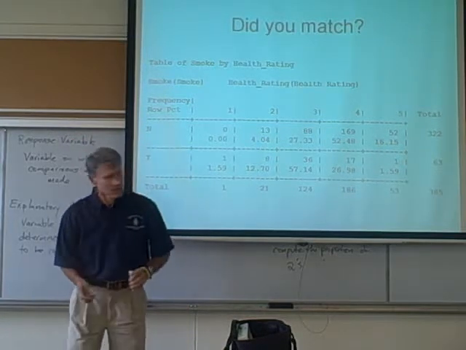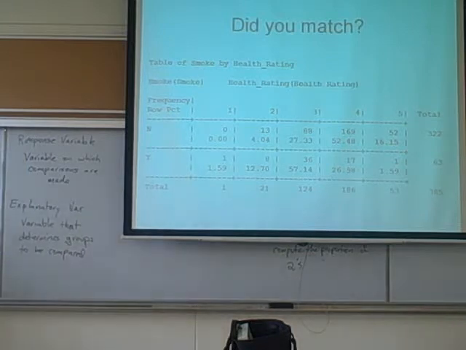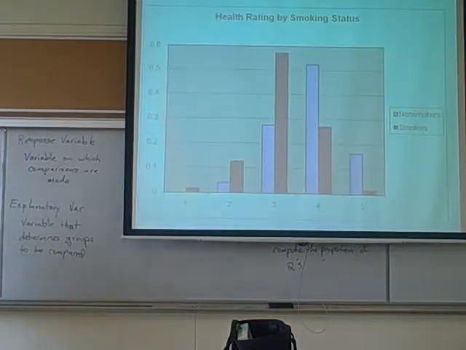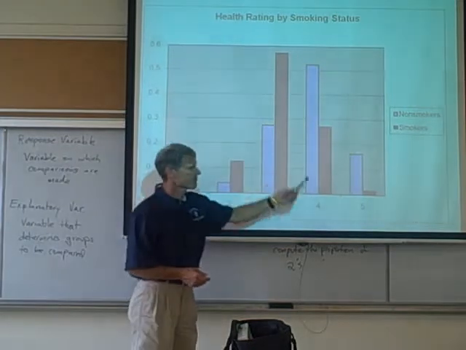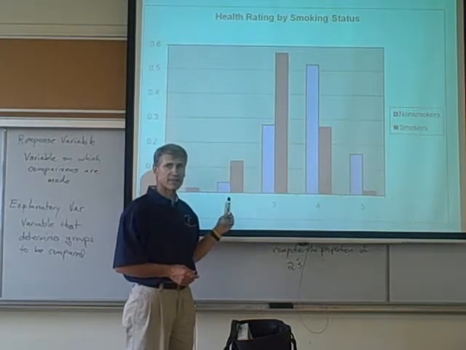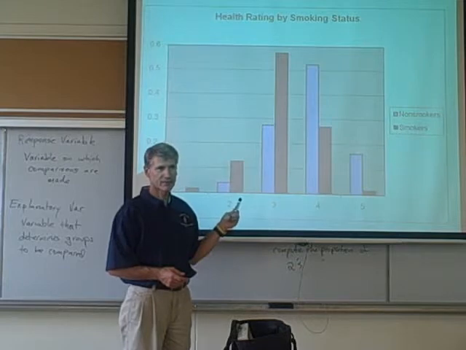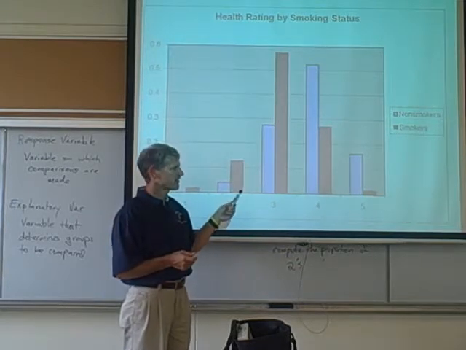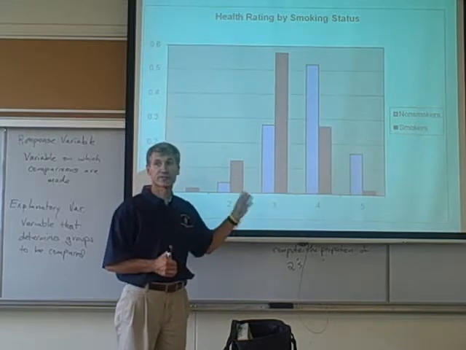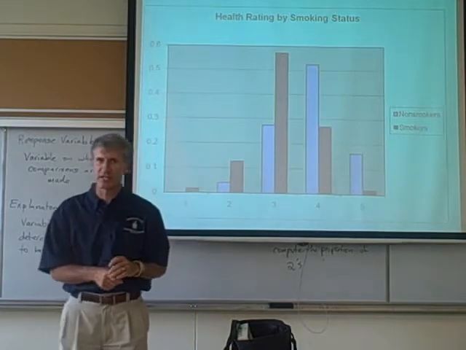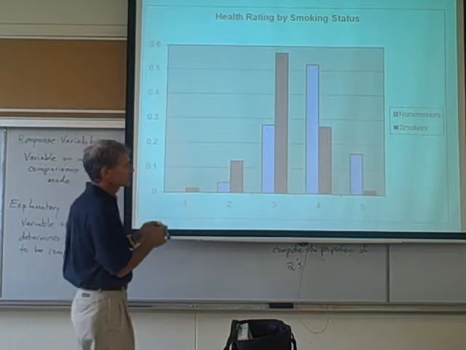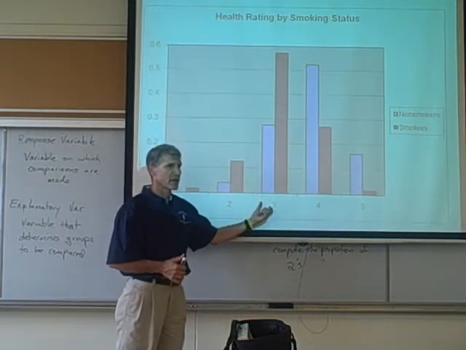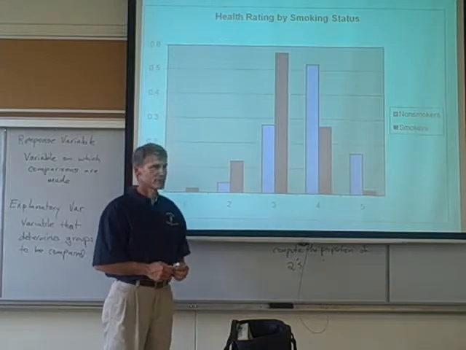Okay, now this is a graph known as a side-by-side bar graph. I showed you a different looking side-by-side bar graph for this same data when we did the chapter 2 stuff. But I like this one because it puts the bars that you should be comparing right next to each other.